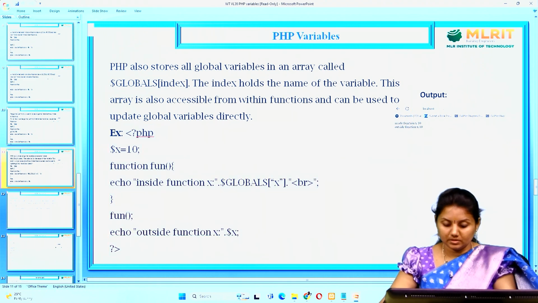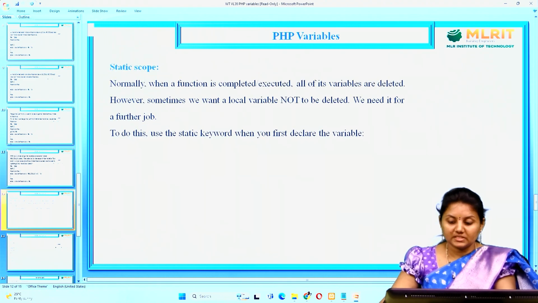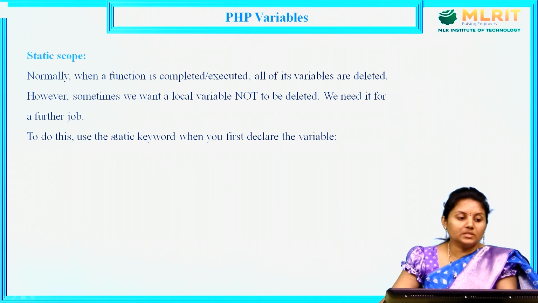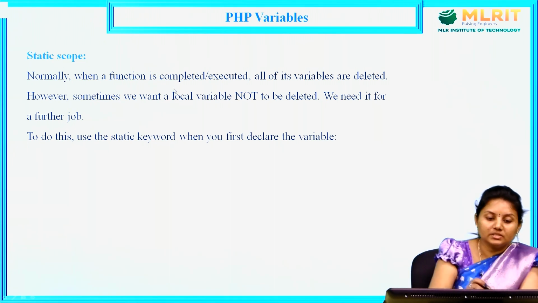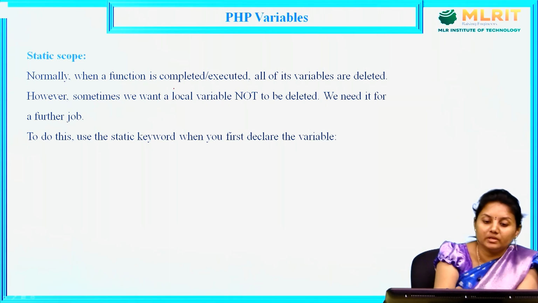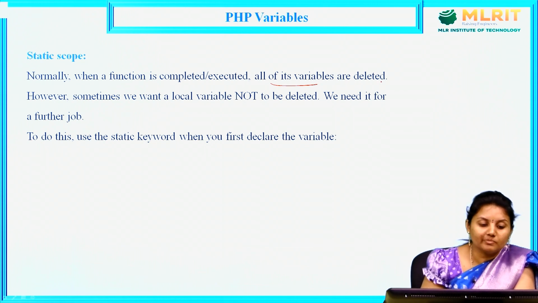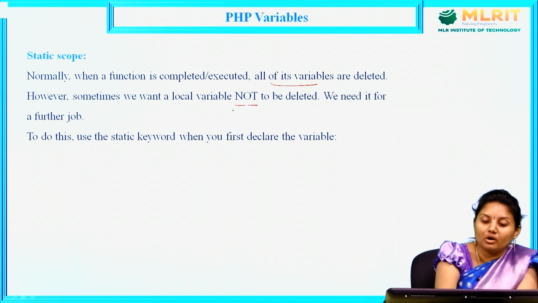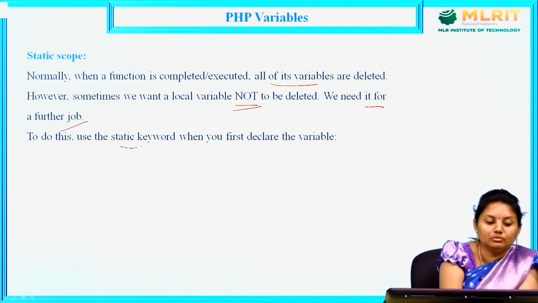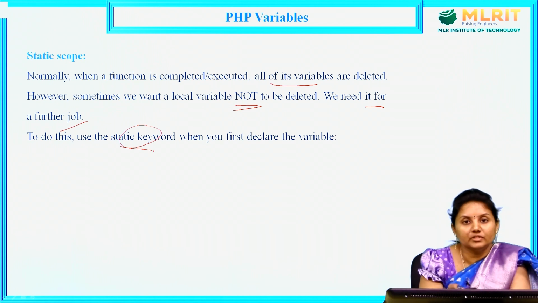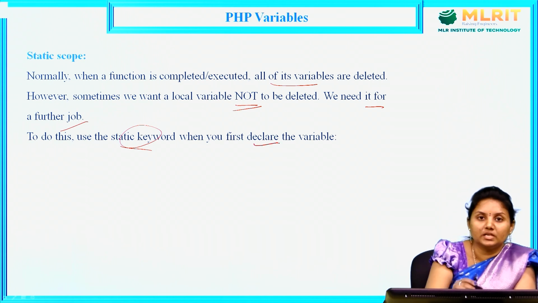Okay. Next, static. When a function is completed or executed, all its variables are deleted. Sometimes you want a local variable not to be deleted, because you need it for further work. Then we use the static keyword when we first declare the variable.